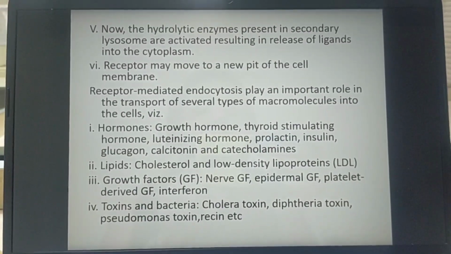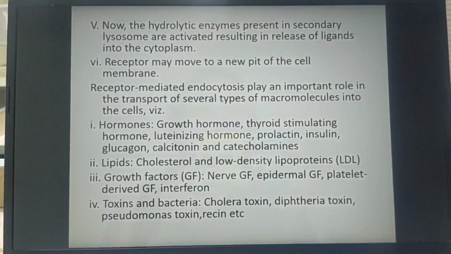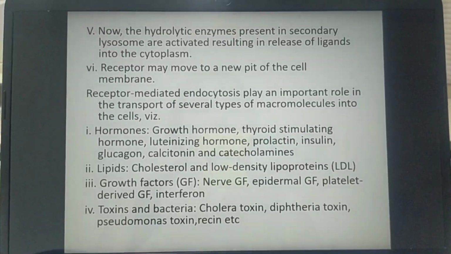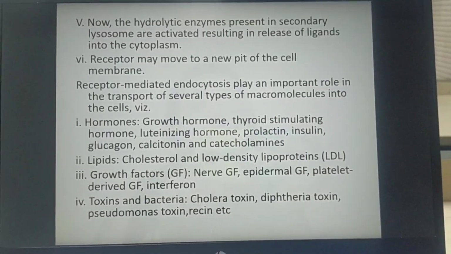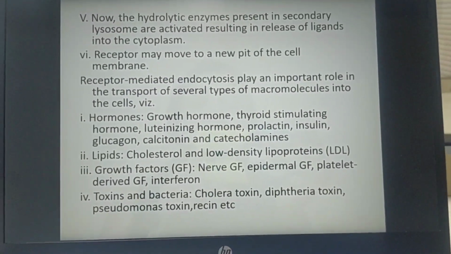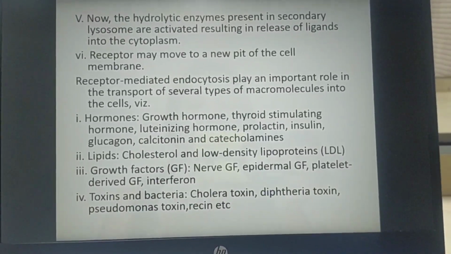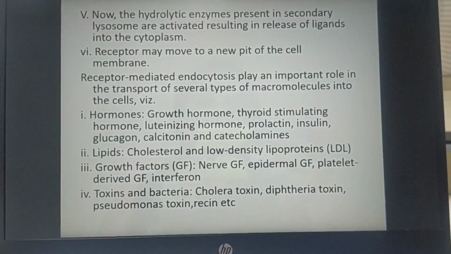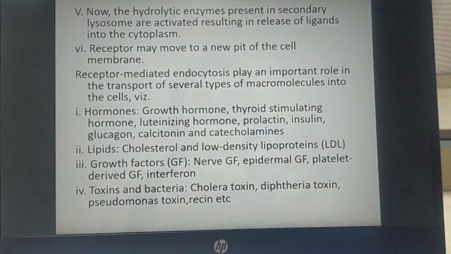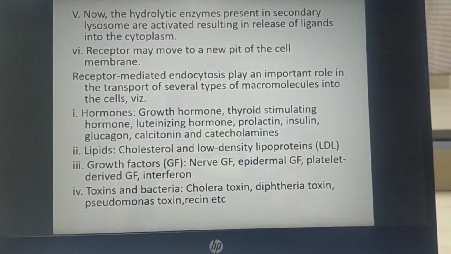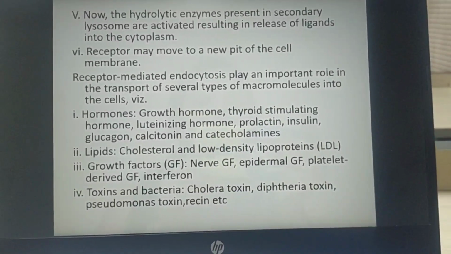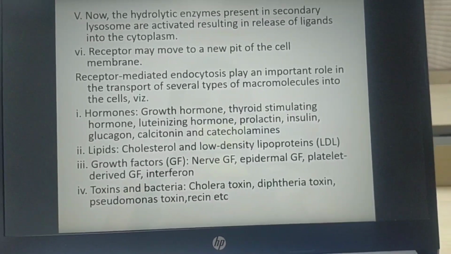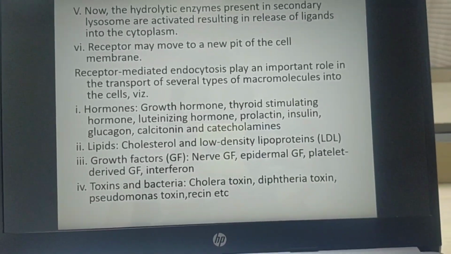Receptor-mediated endocytosis plays an important role in the transport of several types of macromolecules into the cells. First is hormones. Growth hormone, thyroid-stimulating hormone, luteinizing hormone, prolactin, insulin, glucagon, calcitonin, and catecholamines. Lipids, cholesterol and low-density lipoproteins. Growth factors like nerve growth factor, epidermal growth factor, platelet-derived growth factor, and interferon.